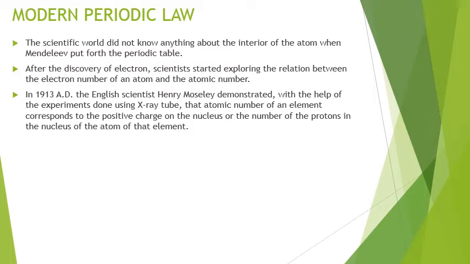In 1913 AD, the English scientist Henry Moseley demonstrated, with the help of an experiment using an X-ray tube, that the atomic number of an element corresponds to the positive charge on the nucleus, or the number of protons in the nucleus of the atom of that element.